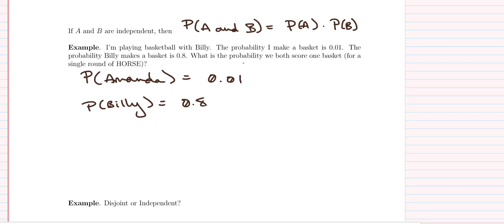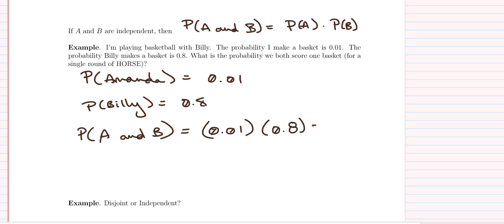We both can skip a letter, and one does not influence the other. So to find the probability that we both score, we want to use this rule right here. So probability of A and B is then equal to the probability of A occurring times the probability of B occurring. So it's very tiny because I suck.